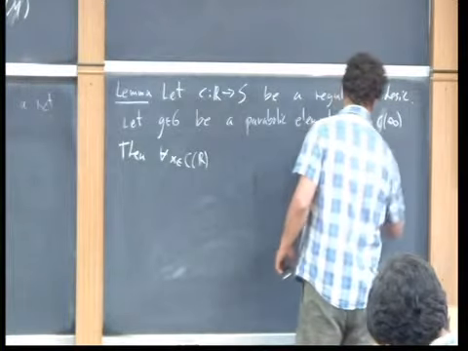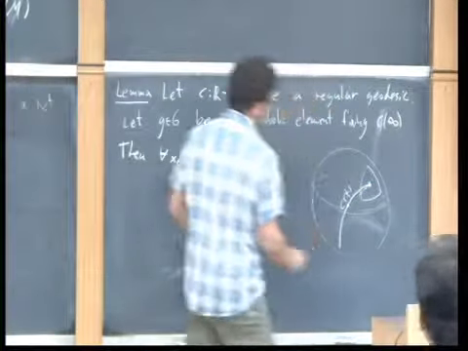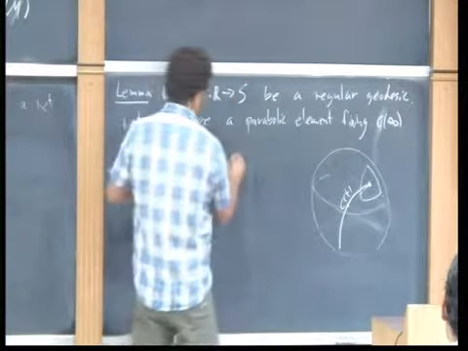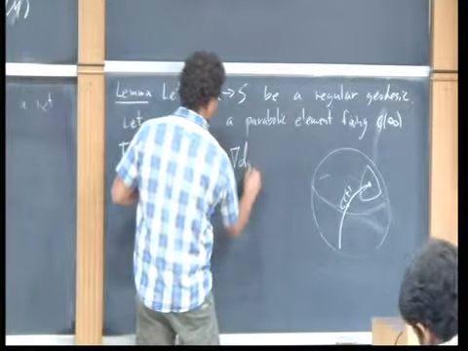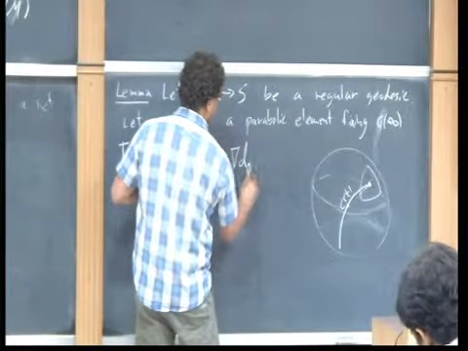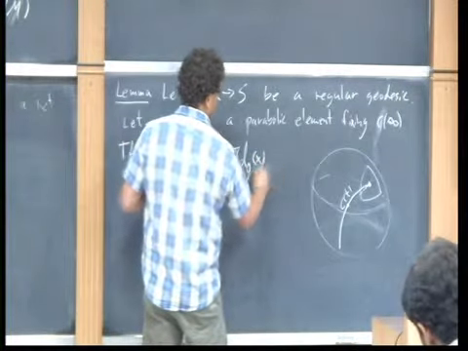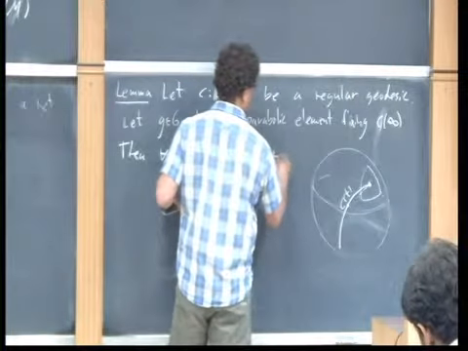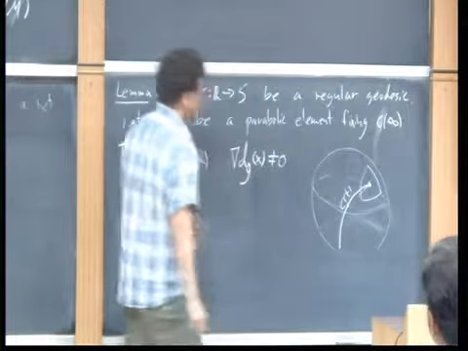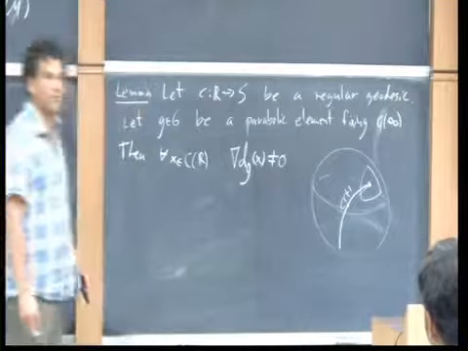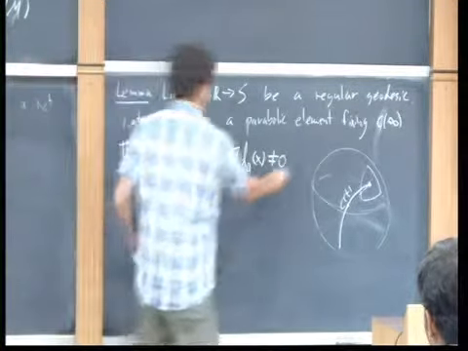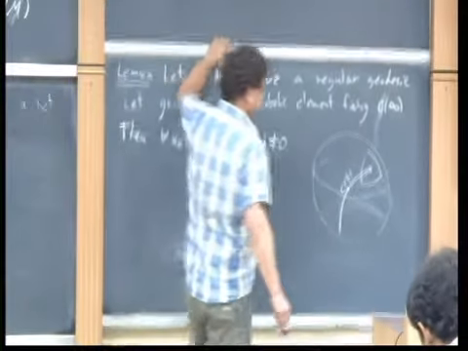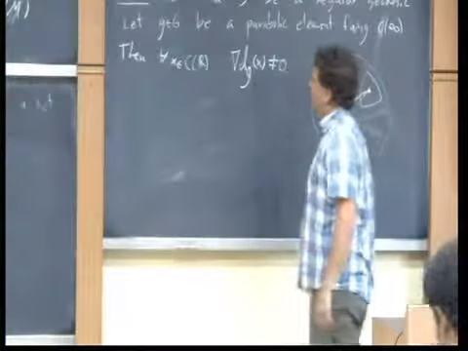So for every x here, the gradient of the displacement function at x is non-zero. That's the lemma. And the proof is very simple. It's one line. So let me write the proof.